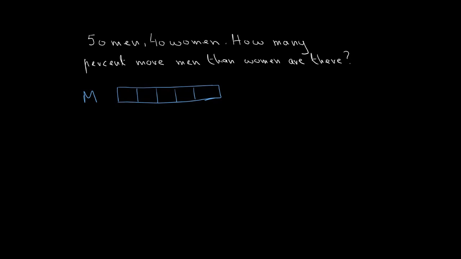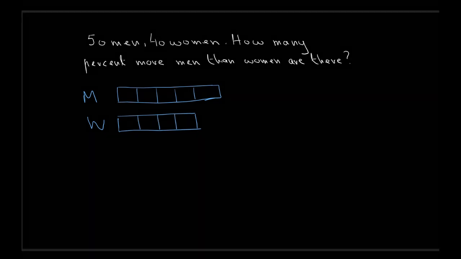The women are, let me draw the women here. The women are going to be 4 chunks because these are 40 and the chunks are 10. So please note we have to say how many percent more men are there as compared to women. That means we have to consider women as 100%.